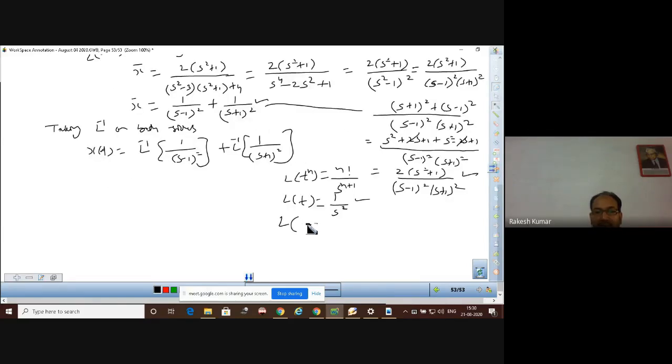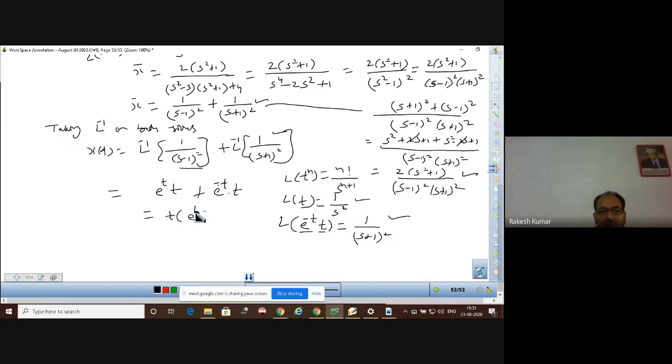First of all, let us apply the first shifting theorem: multiplying t with the exponential term, you will get (s + 1)². So this is the second term, and its L inverse comes out to be e raised to power minus t into t. Similarly, on the same pattern, if we take a positive sign here, you will have a negative sign. So that will be the L inverse of this, which is e to the power t into t.